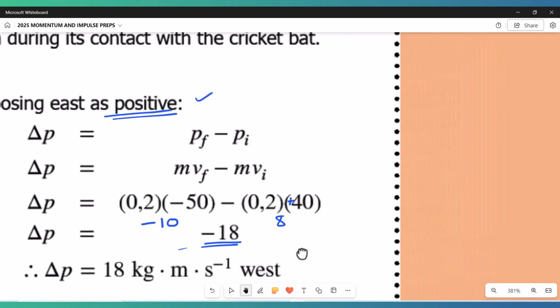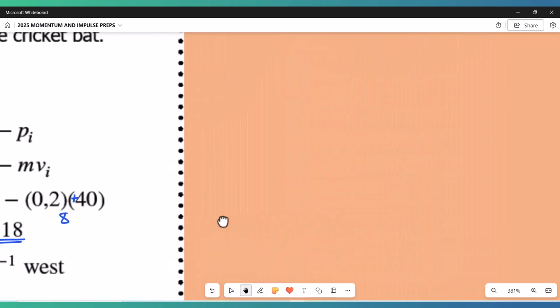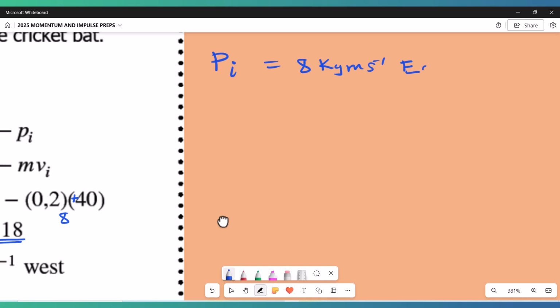It is 8. I want us to do something here. Our initial momentum is 8. Okay, this is our P initial. It is 8 kilogram meters per second east. Are we together?